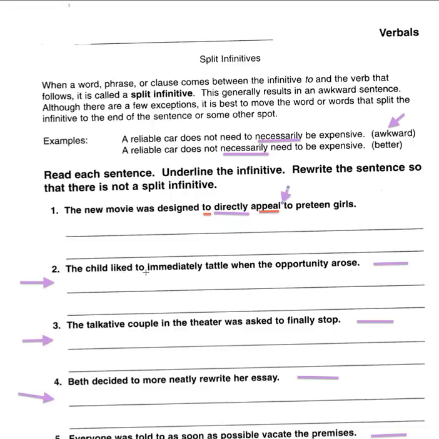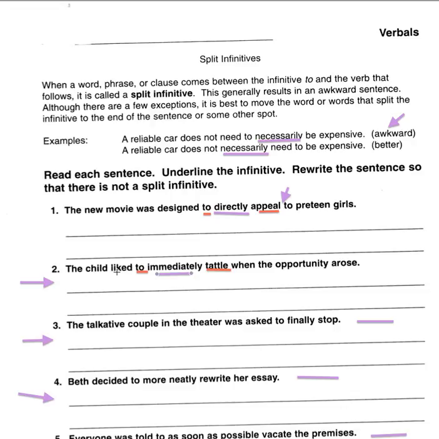The child liked to immediately tattle when the opportunity arose. Well, the infinitive is to tattle, so let's go underline to and then tattle. That's what we're trying to keep together here. The word that we really need to move is immediately. So you're going to circle that word. I'm just underlining it so it's easier to see. And where can we move immediately?